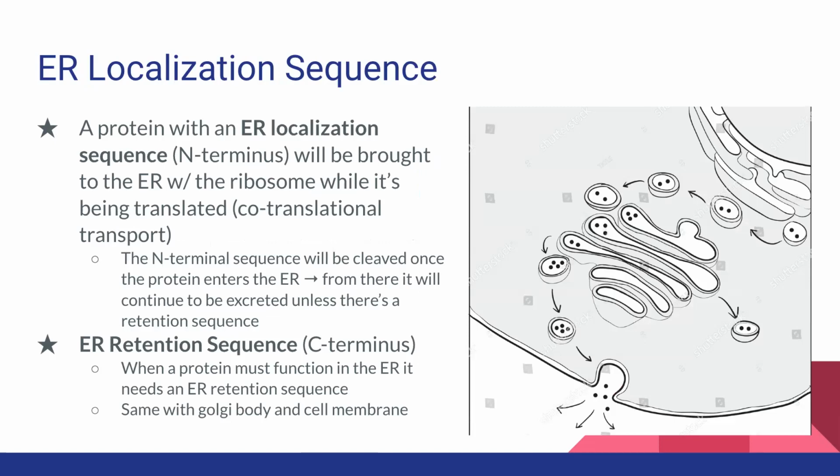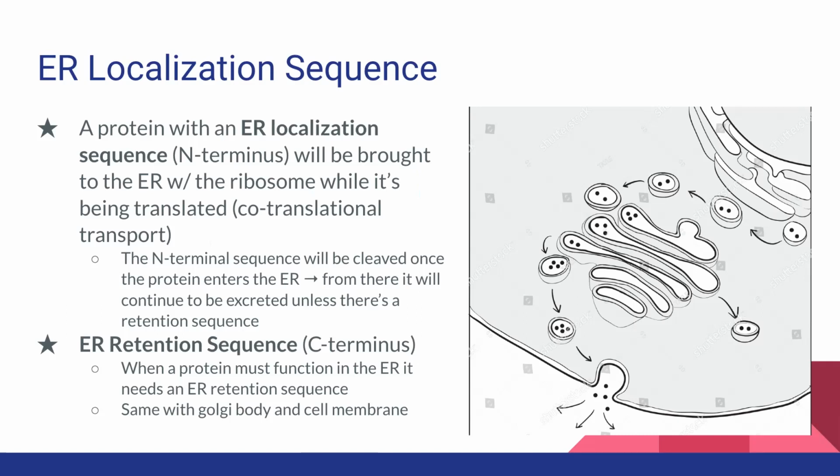Okay, so again, a protein with an ER localization sequence, which is on the N-terminus, will be brought to the ER with the ribosome while it's being translated. So while the ribosome is translating the mRNA to a polypeptide sequence, it's transported to the ER and it'll start entering the ER. That's called co-translational transport, because it's being transported while it's being translated.